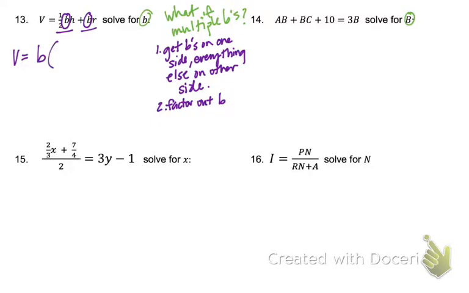If I've factored the b out, that means there's no longer a b there. So what's left over? 1/2 h plus r. Now, if you are self-conscious and worried that you did it wrong, imagine if I foiled this back out. If I redistributed the b, I would be right back to where I started, right? So that's a good way to check and make sure you did it right.